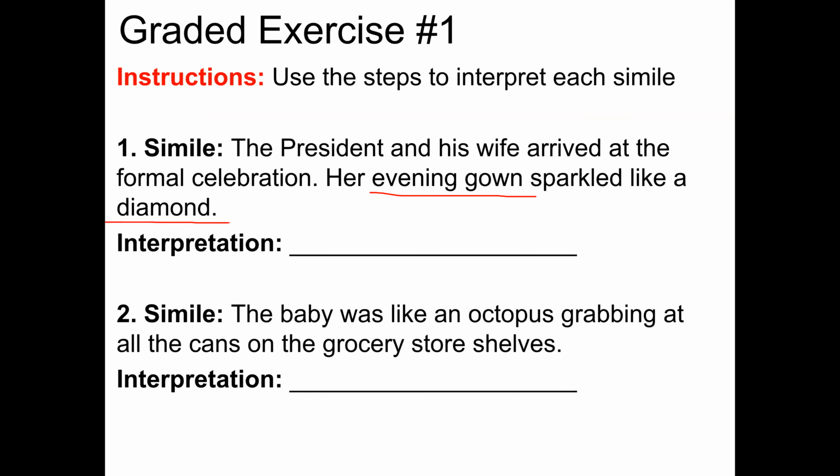Okay. And how do we know it's a simile? Because we have the word what? Like. So it says her evening gown sparkled like a diamond. So what does that mean? The dress was pretty. More than pretty.